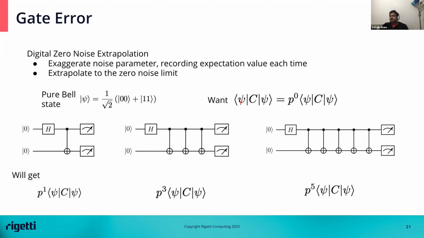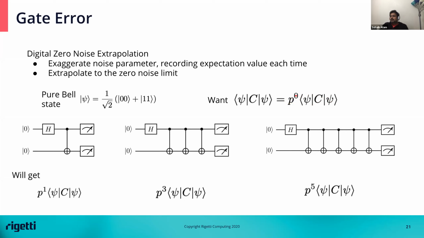And now what I'm interested in is this particular expectation value where I haven't specified C, right? All I know is that C is some Pauli observable. And so I'm going to deliberately write it like this. I'm basically saying this expectation value is p to the 0 times psi sandwiching C sandwiched between psi. Because of course, any real number raised to the power 0 is equal to 1, right?